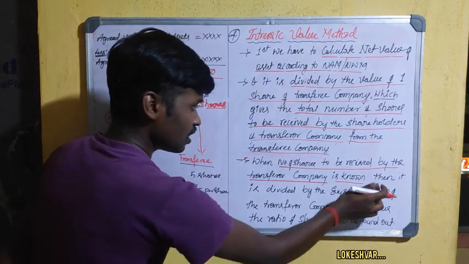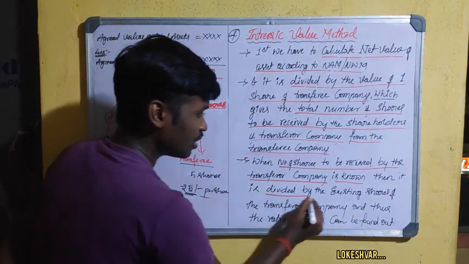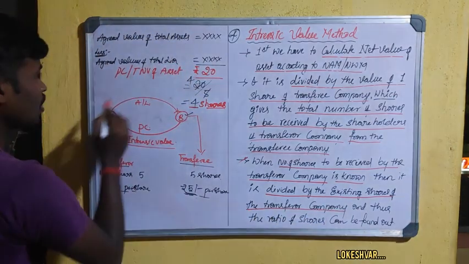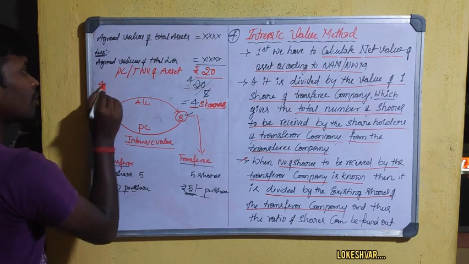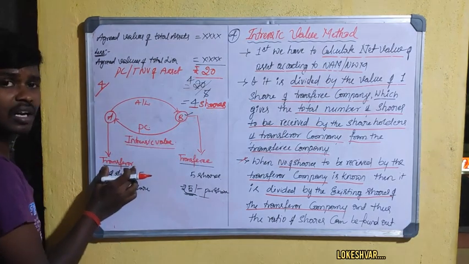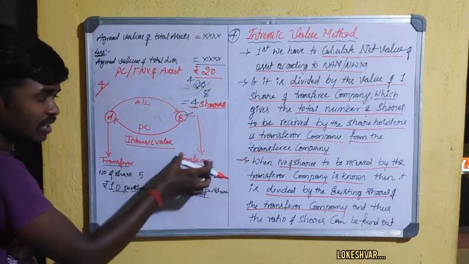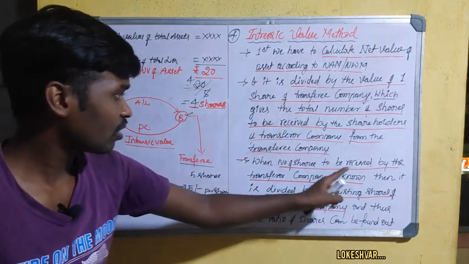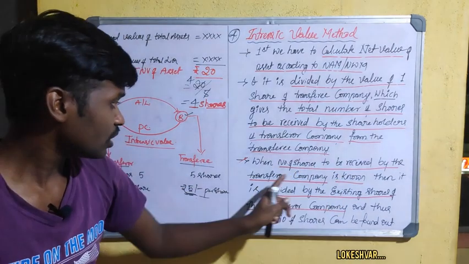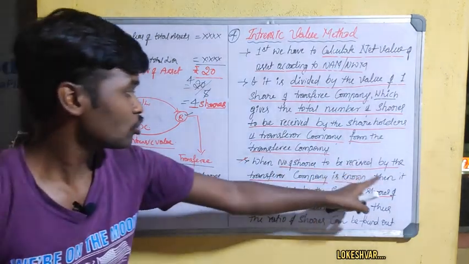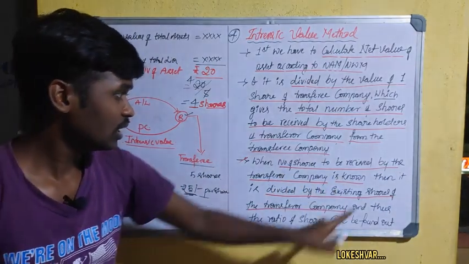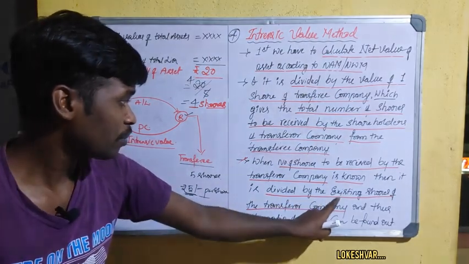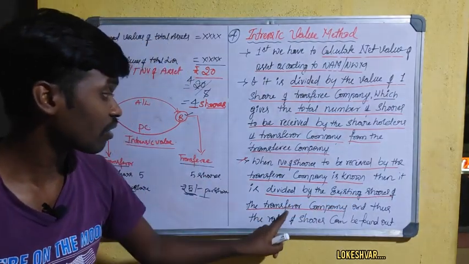After that, it is divided by the existing shares of the transferor company. We have already calculated the 4 shares received by the transferor company shareholders, paid by the transferee company. Now, once the number of shares received by the transferor company is known, we have to divide this number of shares by the existing shares of the transferor company.